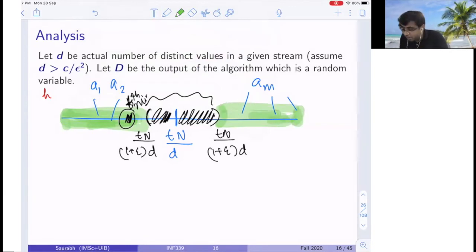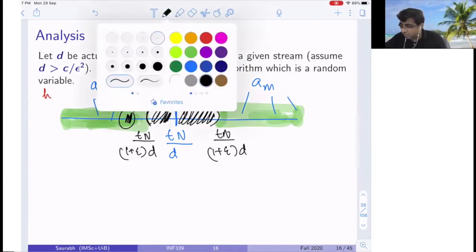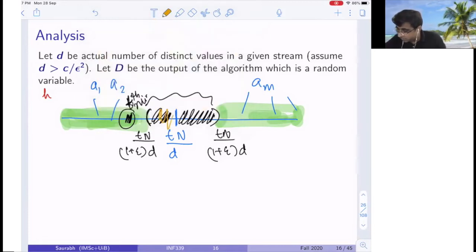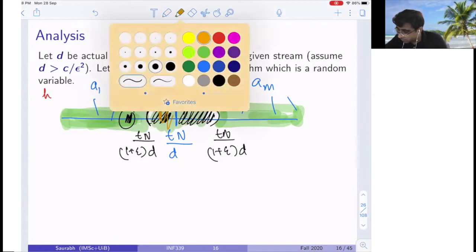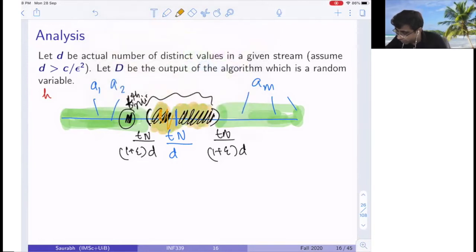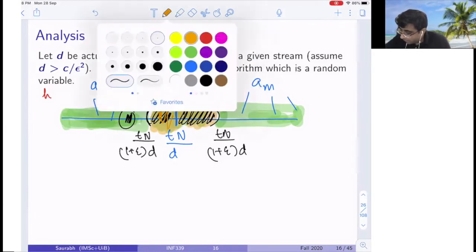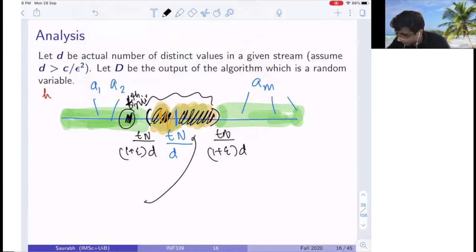If the tth minimum is between this range, then what will you be returning? Suppose this is the range. This is the range. So if your tth minimum lies here, then what happens?